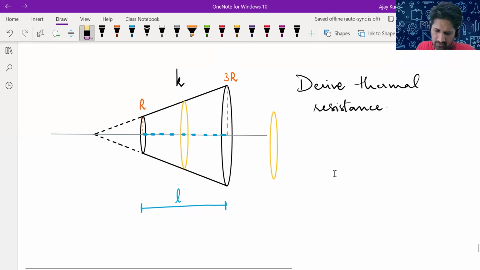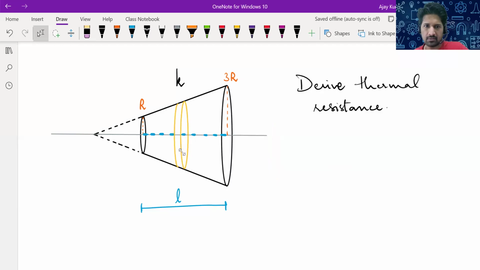It has to pass through thick layers. So it's kind of like this. As the heat flows from left to right, it has to pass through disks, one after another. So this is one such disk.